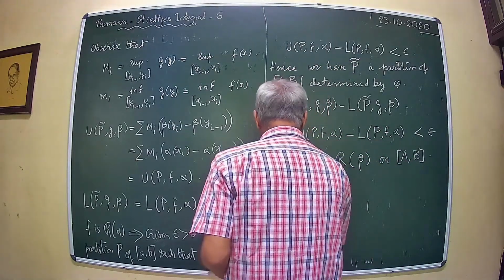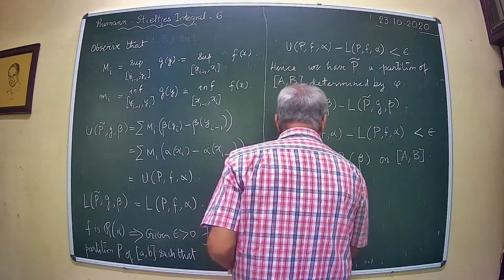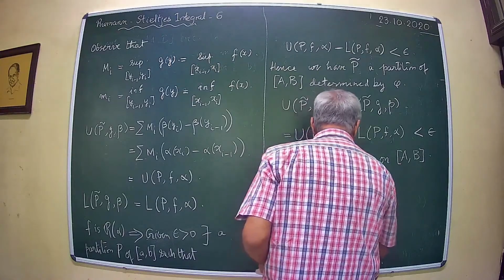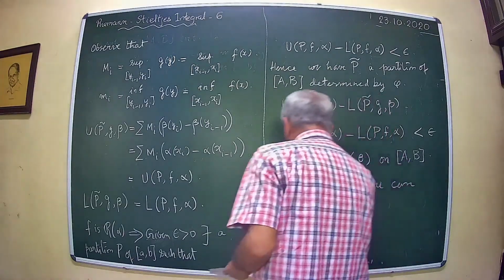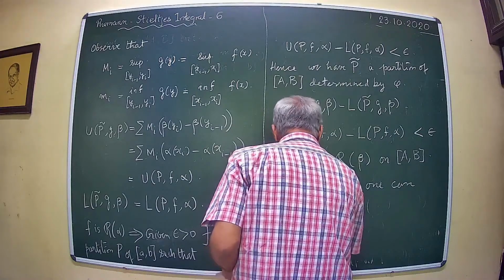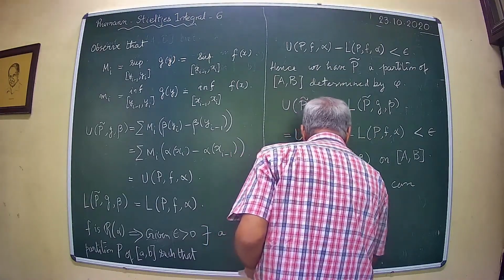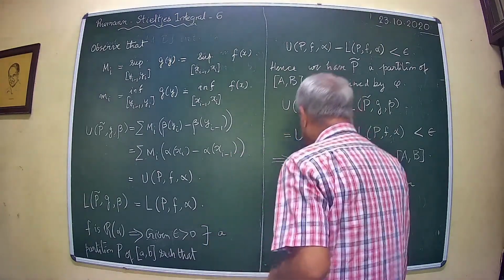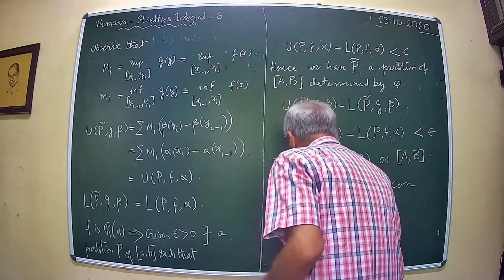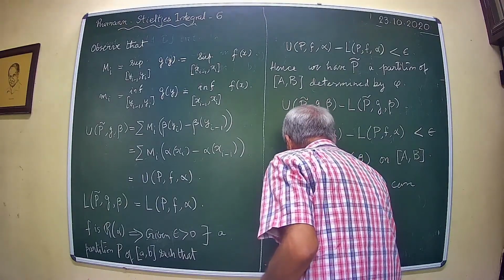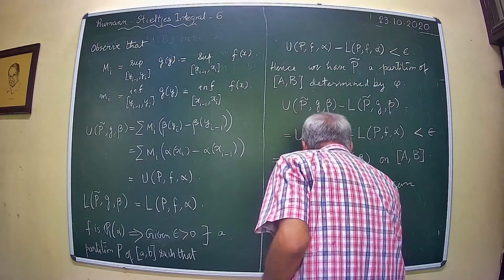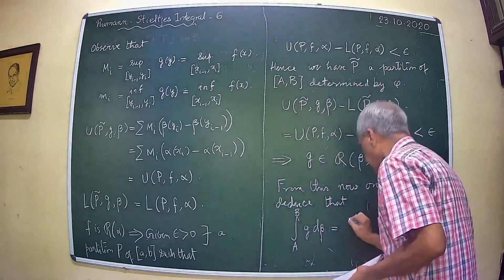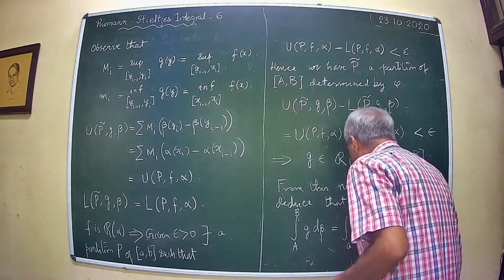From this, one can deduce that the integral a to b of g d beta is equal to the integral a to b of f.